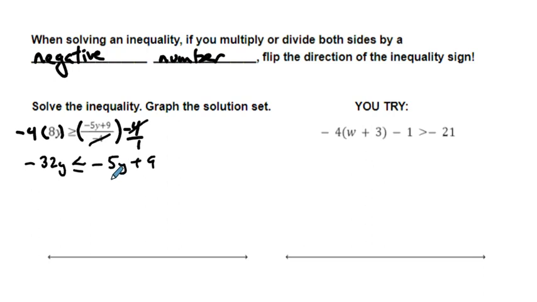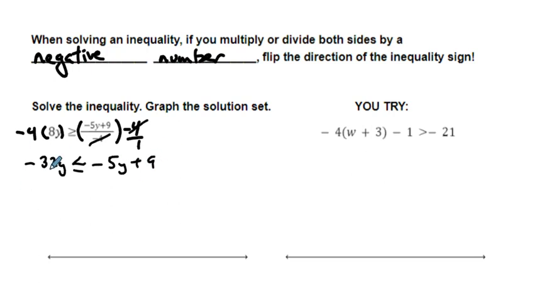And now, at this point, you have a decision to make, right? You can move the variables over here and then move the numbers over there, which is normally what we would do because we like to have situations where our variables are positive. But in this case, I think I'm going to deal with having to divide by a negative because my number is already over here.